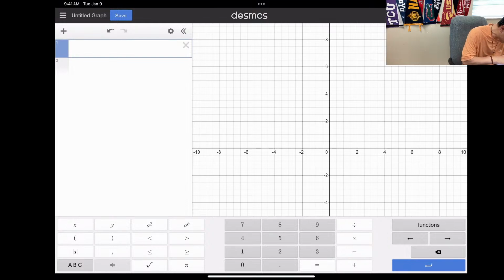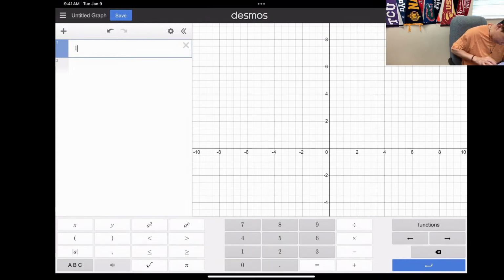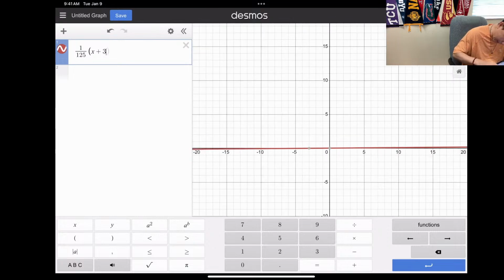First of all, let me check the graph. Okay, I'm going to type in 1 over 125, and check out what we type in, x plus 3, and you see that there was an x-intercept.